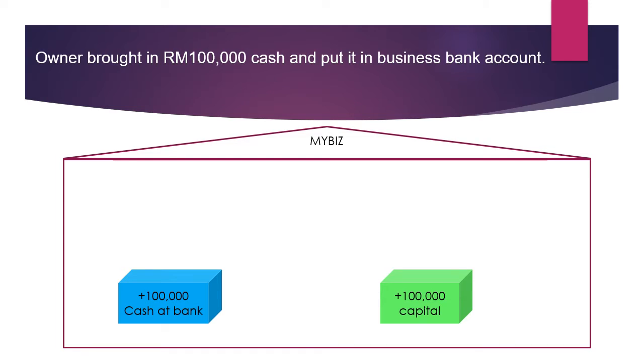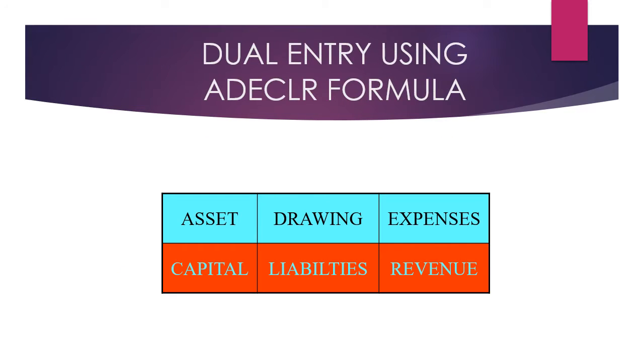So you will see in the business there is an increase of money in the bank, the cash at bank, and you will see that there is an increase of capital, the promise to the owner. And when explaining the dual entry, what account to be debited and what account to be credited, it can be easily explained using the other clear formula, where asset, drawing, expenses.